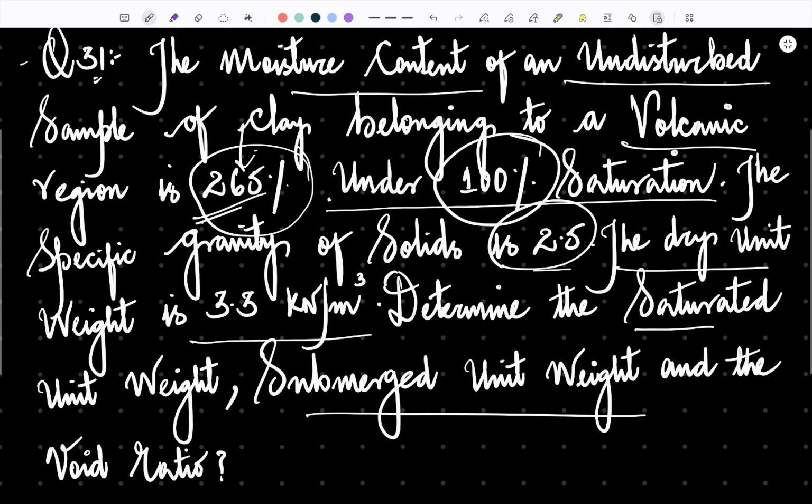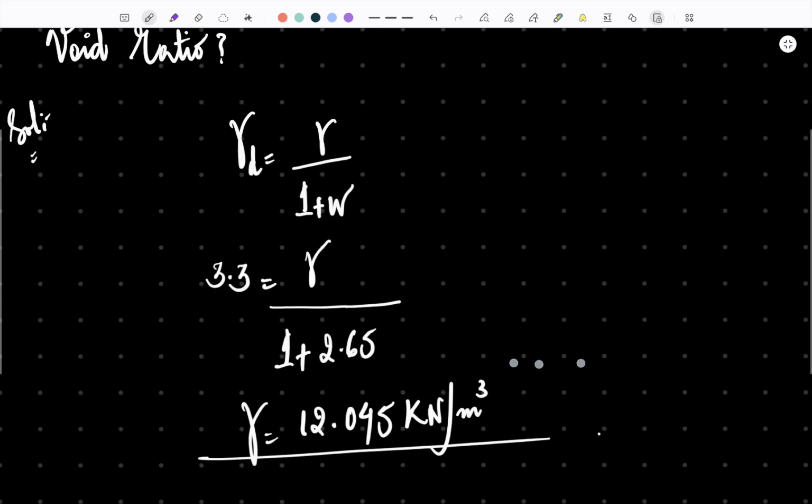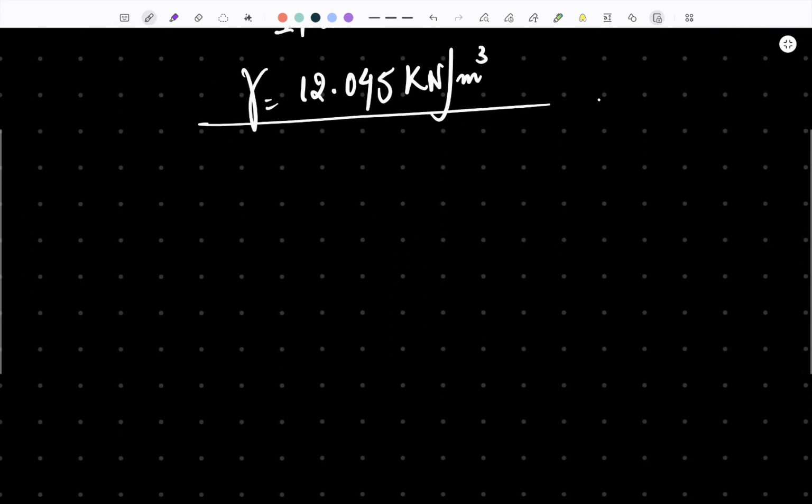It says this sample of clay, which is undisturbed and belongs to a volcanic region, is under 100% saturation. If it is under 100% saturation, then I can very confidently say that the saturated unit weight is equal to the bulk unit weight. We have found the bulk unit weight, so the saturated unit weight is also the same.